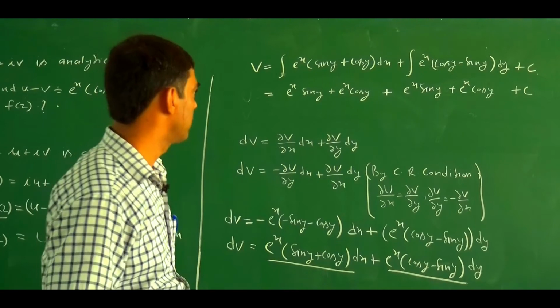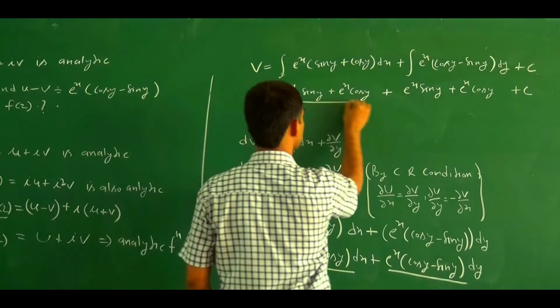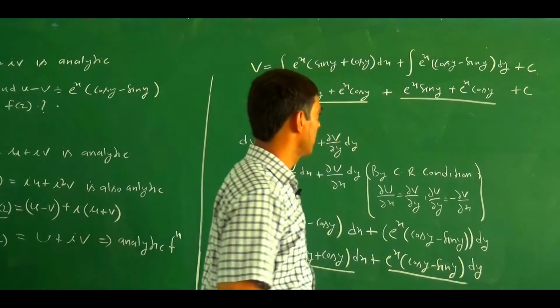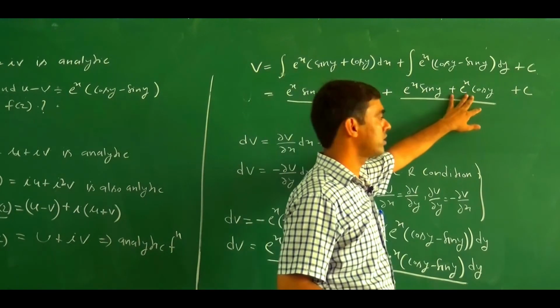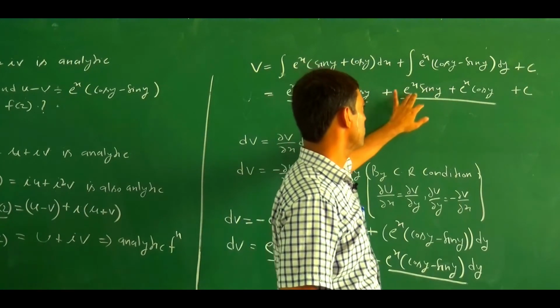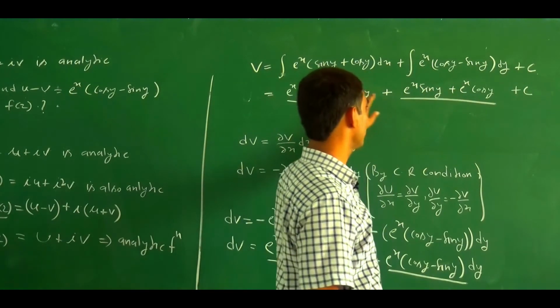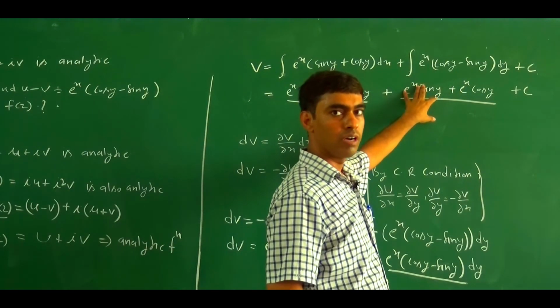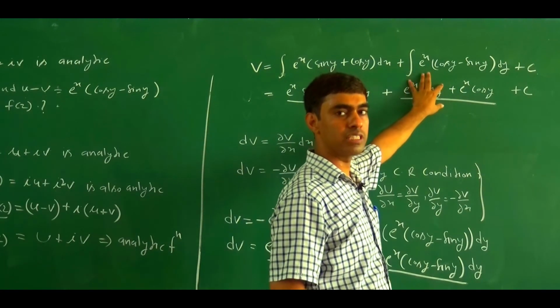So if we closely observe these two terms, both terms occur in the first term, e^x sin y plus e^x cos y. So in the solution we ignore these terms.